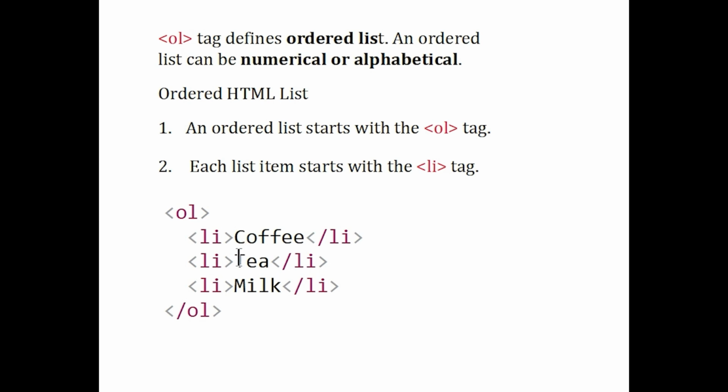If you'd like to write down three drink names in a listed way, OL and of course LI coffee, LI tea, and closing, and obviously the OL starts here and closes here.